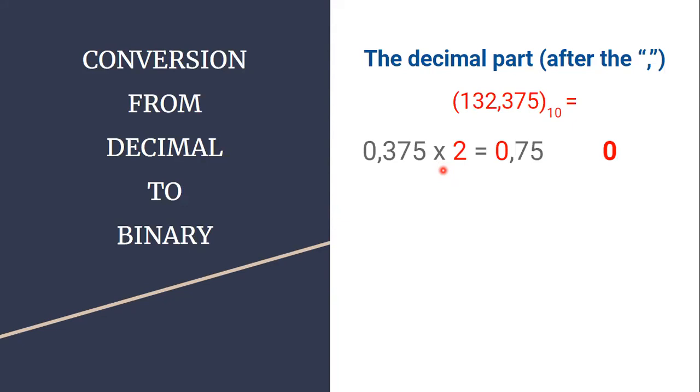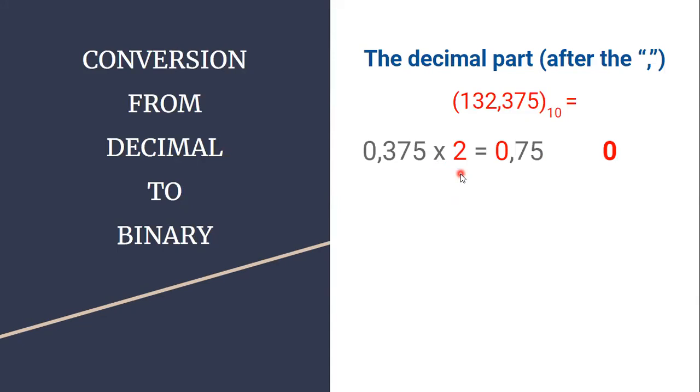So I multiply the number after the comma by 2 and I get 0,75. Now I keep the 0 aside. I put it aside here, and I continue by multiplying again by 2.